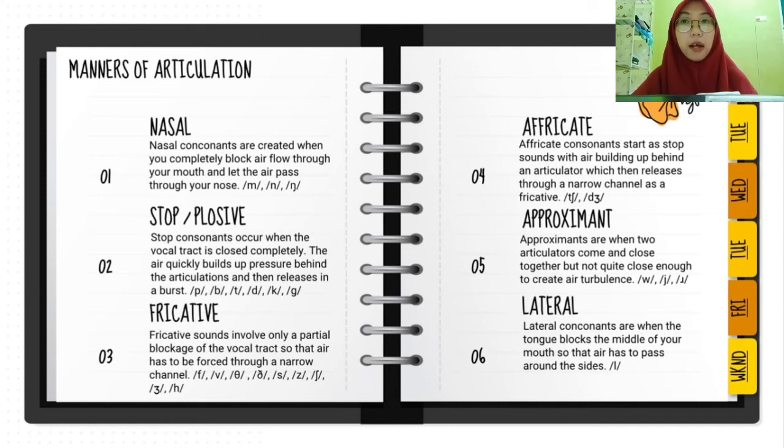Tip, bat. Air is forced through upper teeth and tongue. Rather. Air is forced through upper teeth and tongue. Sweet, bass. Air is forced through tongue and alveolar ridge.